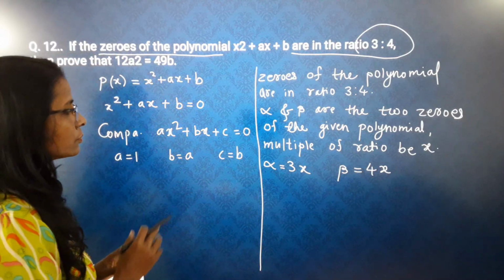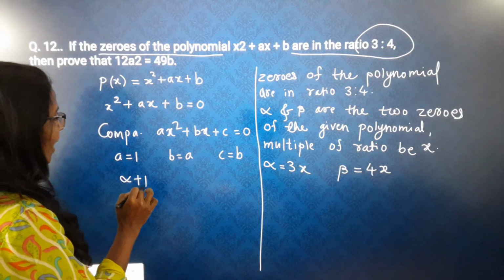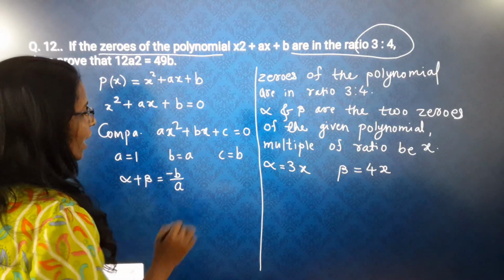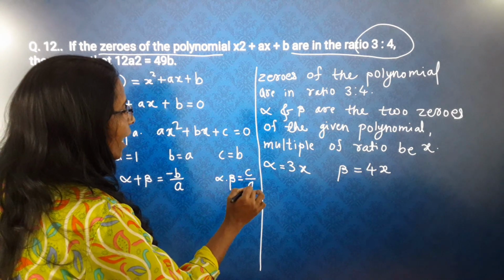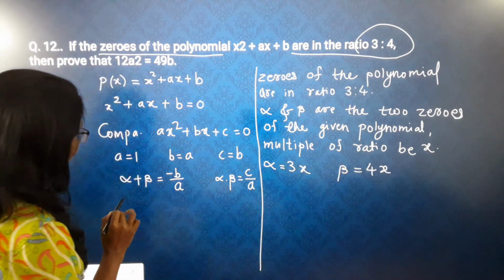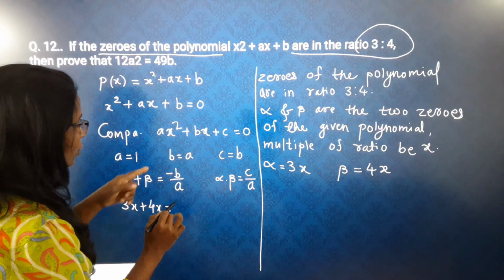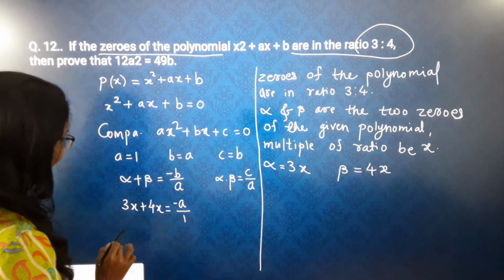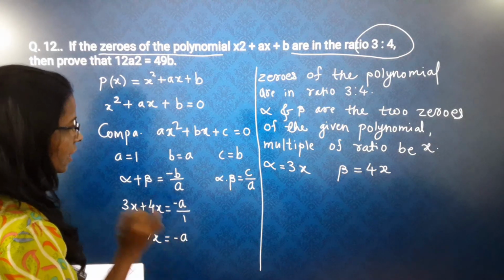And then alpha plus beta is equal to minus b upon a, and alpha multiplied by beta is equal to c upon a. So now alpha plus beta, that means 3x plus 4x, which is equal to minus a upon 1, and that means 7x is equal to minus a.